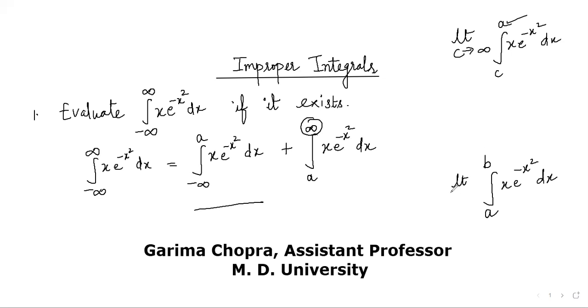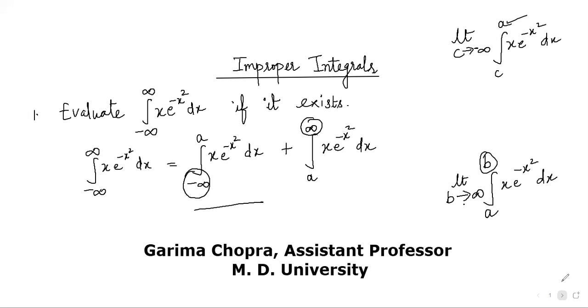So this b which we have assumed as the upper limit is tending to infinity. Let's make one correction: c will be tending to minus infinity, because the limit is minus infinity. So in the first case c will be tending to minus infinity, and for the second improper integral, b will be tending to infinity.